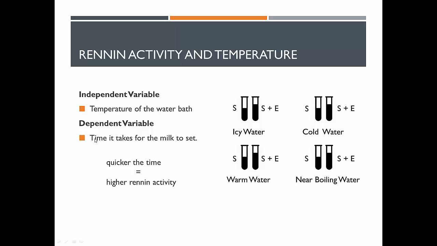So we're going to have time, the time it takes for the milk to set. The quicker the time, the higher the rennin activity, which means if it sets in 5 seconds in icy water compared to a minute in near boiling water, then we're going to clearly say rennin has higher activity in the icy water. Quicker the time, higher the rennin activity.